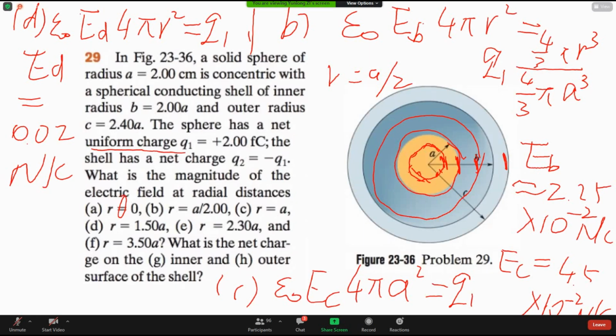And this shell is conducting, so that would be simple. If the shell is conducting, inside the conducting material the electric field is always 0, right? So the electric field at E is 0.